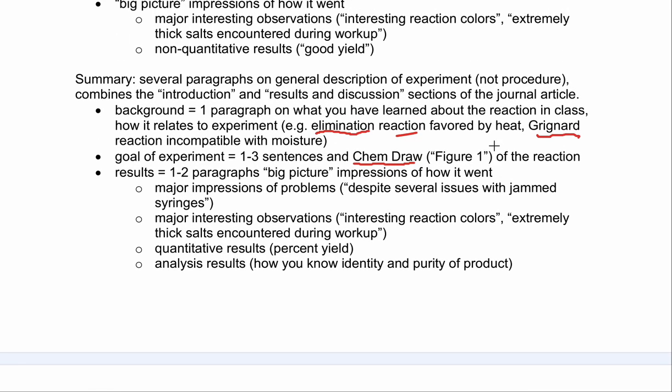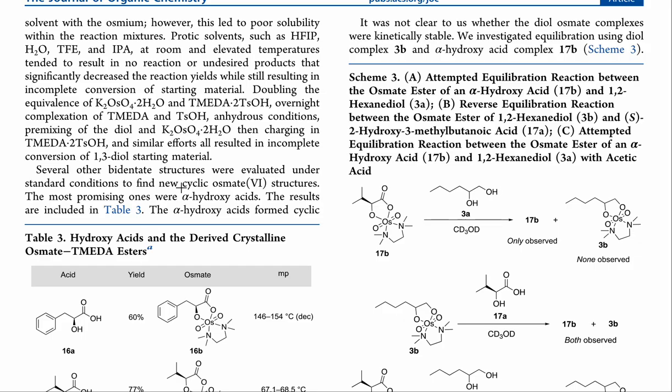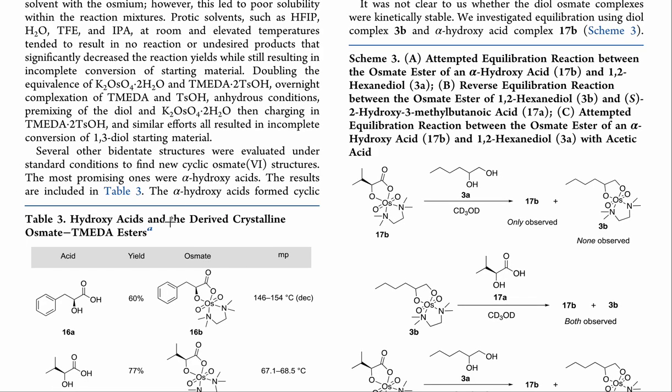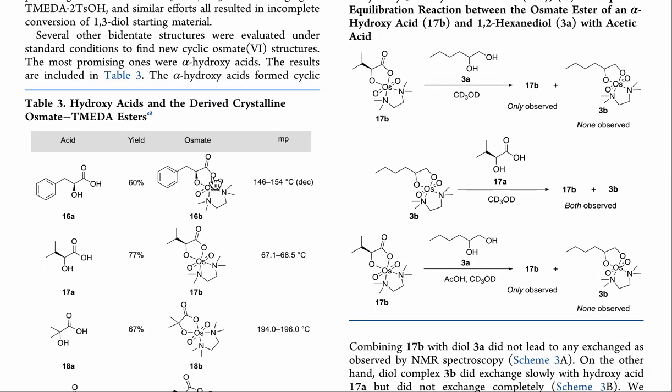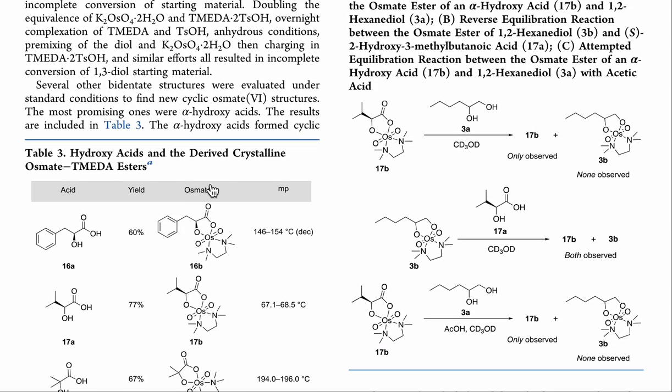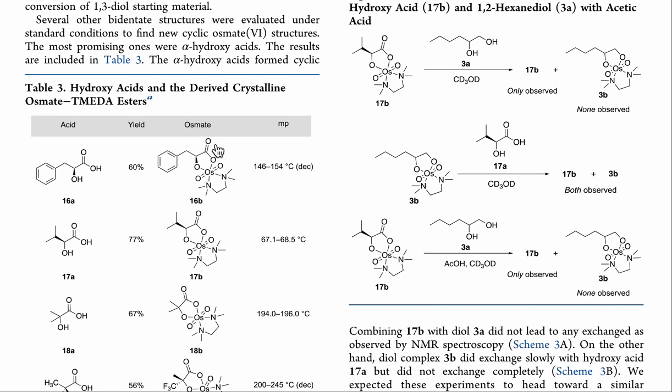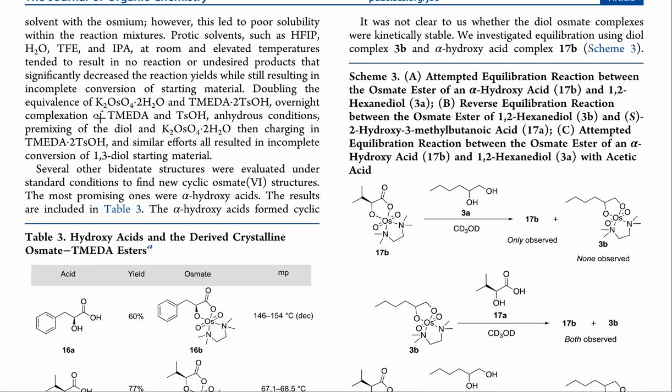And then also, don't forget that these are done in a passive voice. So refer back to the sample article. You can see that the type of sentence is usually a passive voice sentence. "Several other bidentate structures were evaluated under standard conditions." So they don't say that we evaluated, or the head of our group evaluated, or Sarah evaluated. They just say something was done.